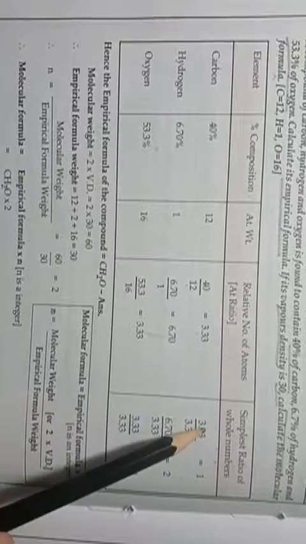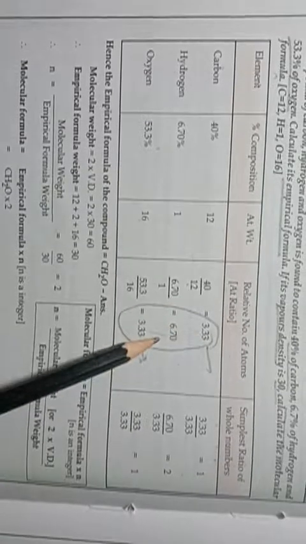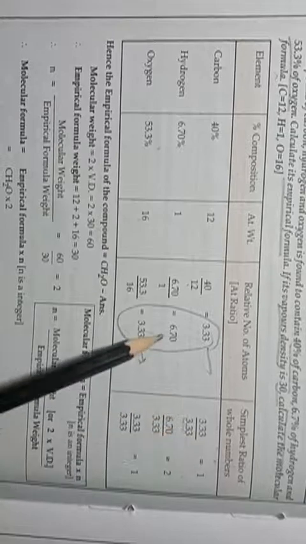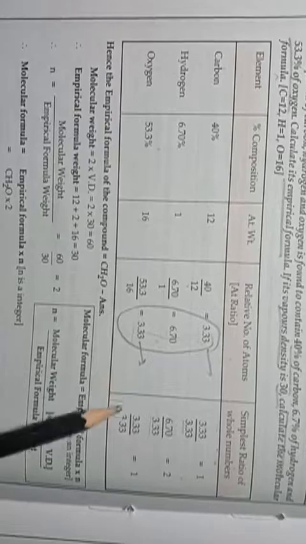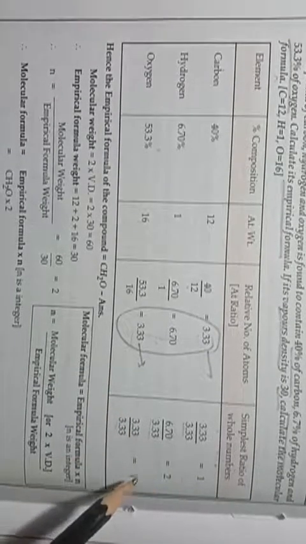For the simplest ratio, we take the lowest value from here. These two are the lowest value, and we divide all other values by the lowest value. So 3.33 divided by 3.33, 6.70 divided by 3.33, then 3.33 divided by 3.33. So the simplest ratio is 1, 2 and 1.